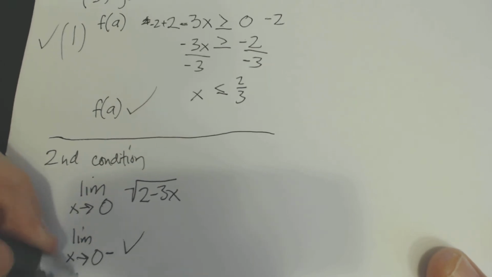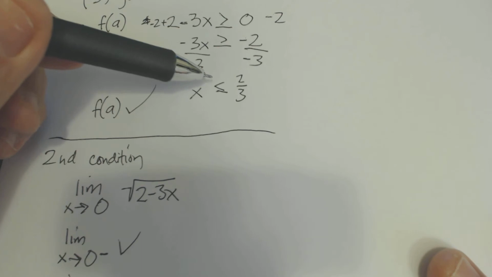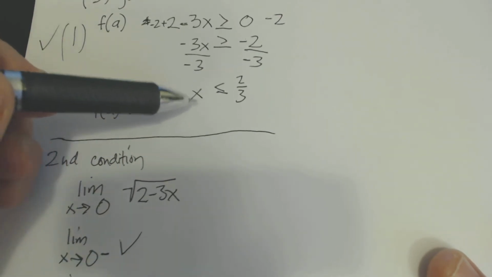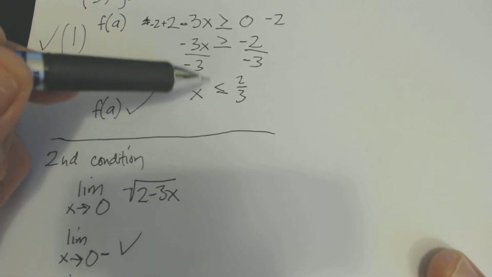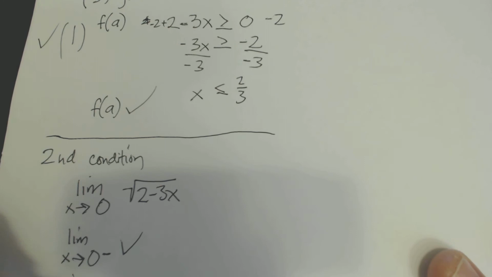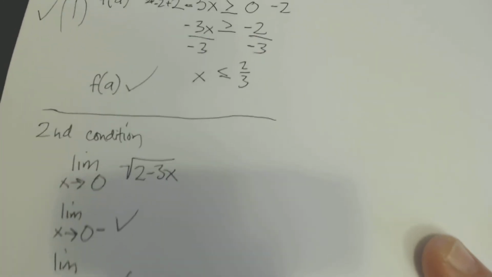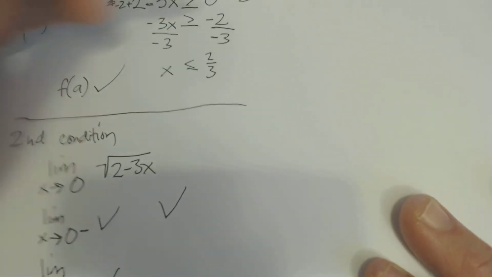And then the limit as x approaches 0 from the positive direction, well, remember, we're approaching 0, so we're getting infinitely close to 0, and that's going to be numbers from the positive direction. They're going to be less than 2/3. So the limit does exist as we're approaching 0 from the positive direction as well, and so the limit does exist.